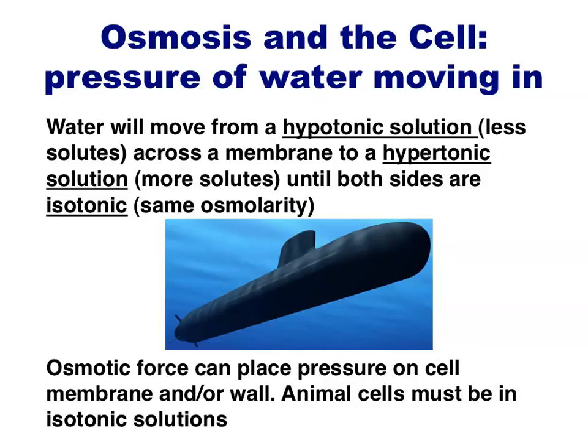The movement of water into or out of the cell, depending on which side, either extracellular or intracellular, has higher solute concentration, acts as a force or pressure on the cell. You could think of it a little bit like the pressure water places on a submarine.